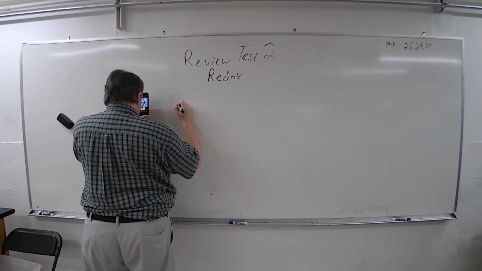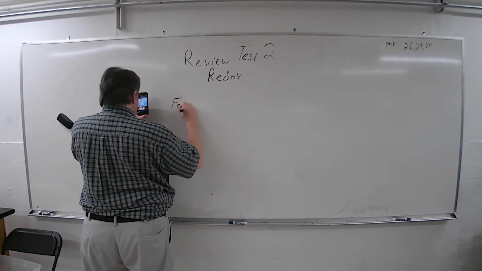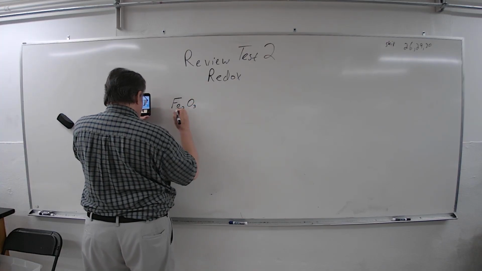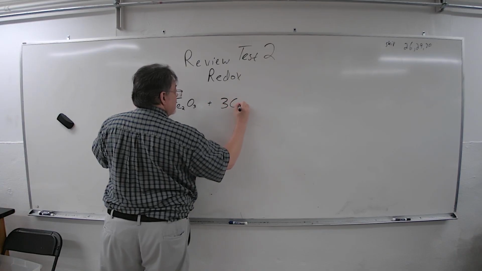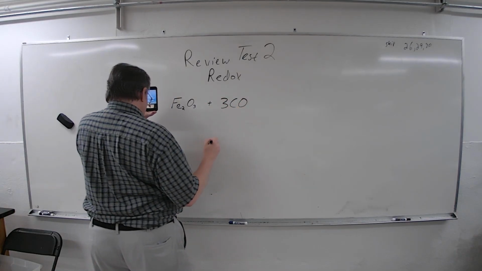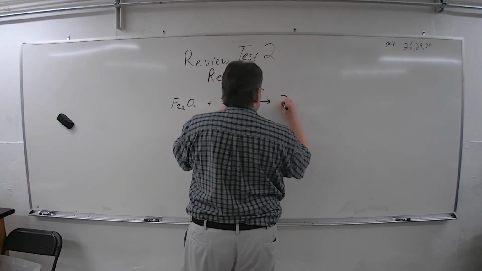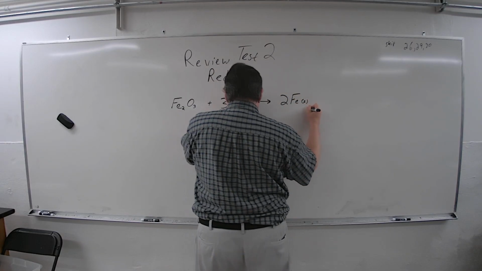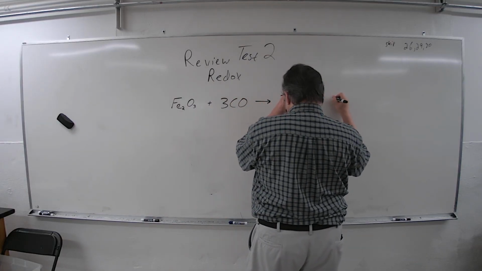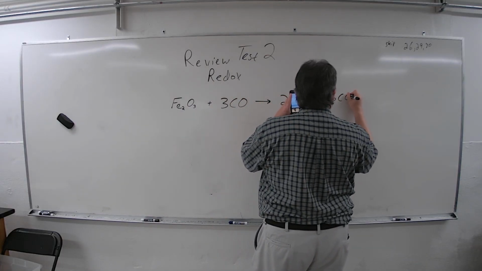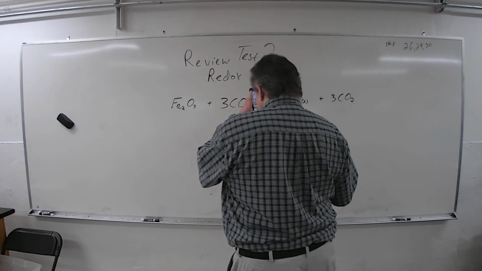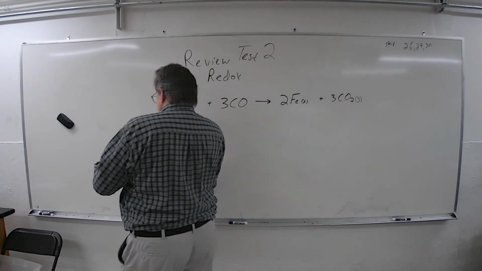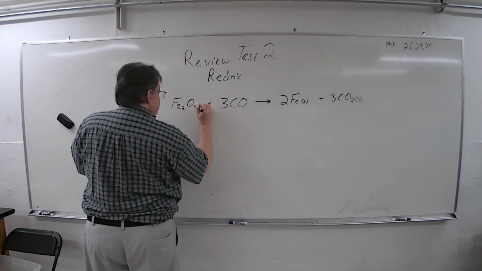So let's say you're given this. Fe2O3. CO2 is a gas. This is a solid.